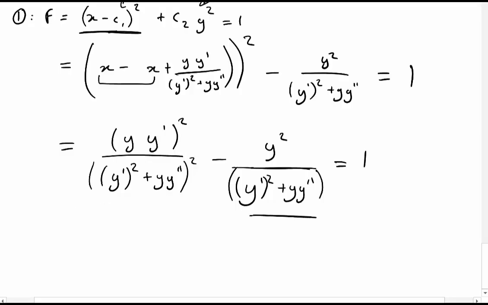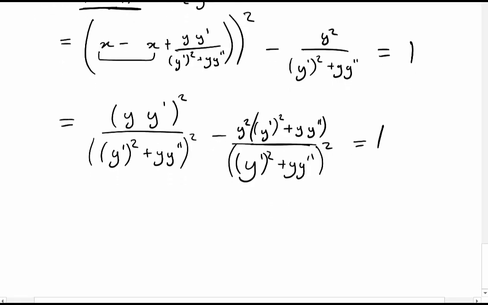So if I multiply this second fraction's denominator by itself, I get the same denominator on both. So I've just multiplied top and bottom by y dash all squared plus y double dash, and I end up with the same denominator on both.